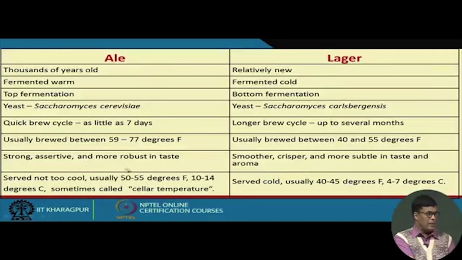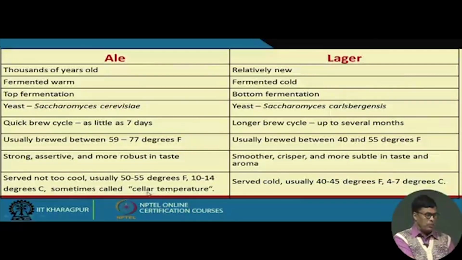Ale is strong, assertive, and most robust in taste; lager is smoother, crisper, and most subtle in taste and aroma. Ale is served not too cold, usually 50 to 55 degrees Fahrenheit, 10 to 14 degrees centigrade, sometimes called cellar temperature.